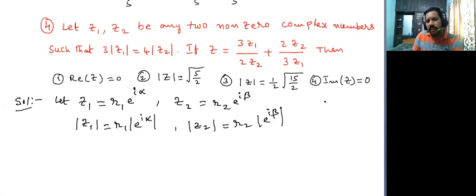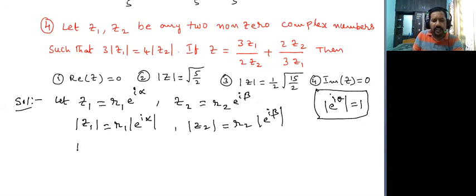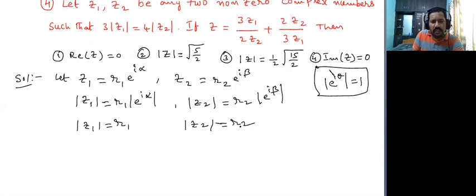We already know the formula that modulus of e power i theta is always 1. Remember it. Now finally we get mod Z1 is equal to R1 and mod Z2 is equal to R2. These are the conditions we got. Now see the question. What have they given?